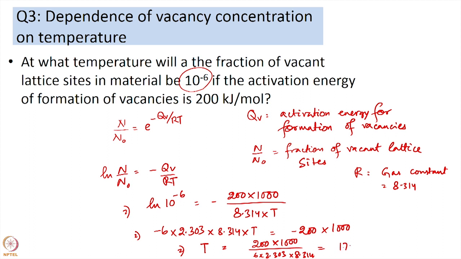So, that will turn out to be 1740 Kelvin, and so the temperature in degree centigrade will be 1467.9 degree centigrade. So, if you hold your material at that temperature for a significantly good period of time, then you will be able to achieve a vacancy concentration of 10 to the power minus 6 in your material.